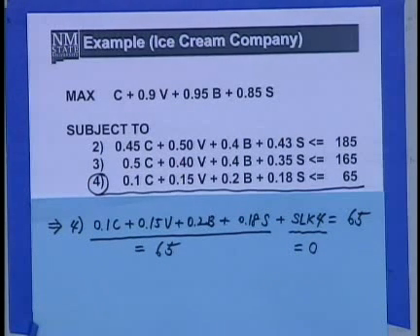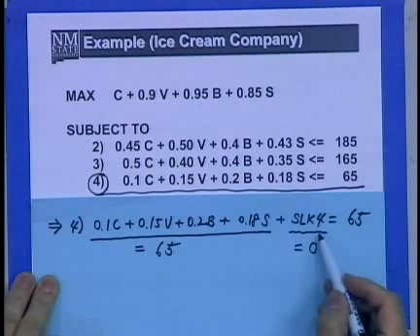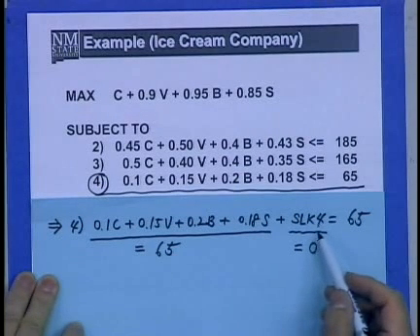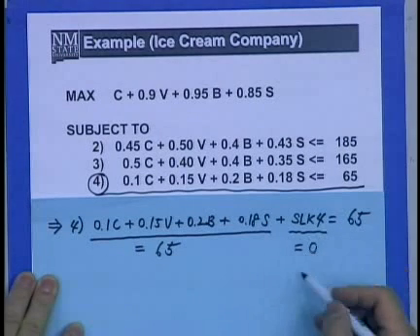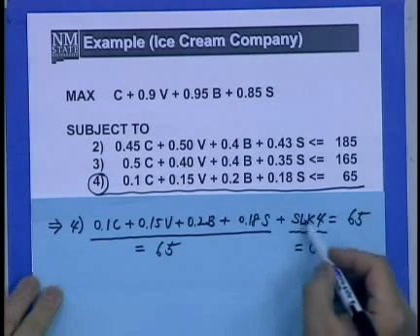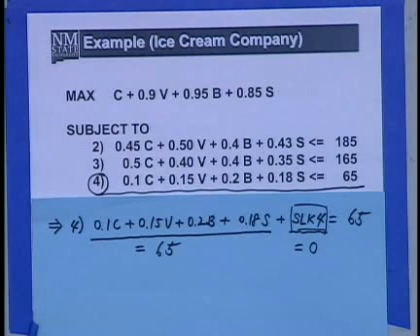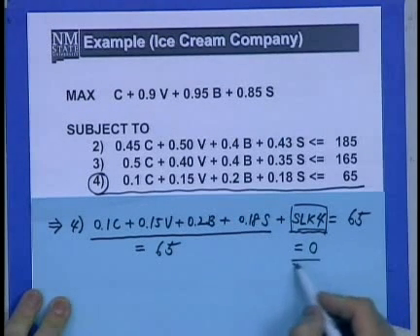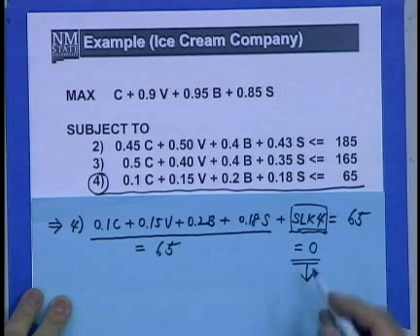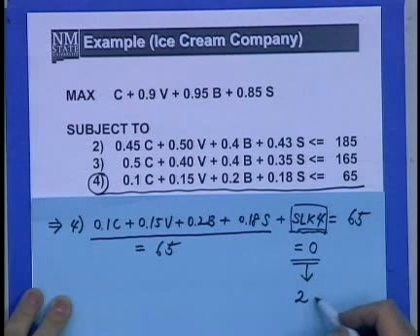And to determine the effect on the production plan of decreasing the amount of cream by 2 gallons, we must increase the slack variable 4, which is the unused amount of cream, from 0 to 2 gallons, okay?